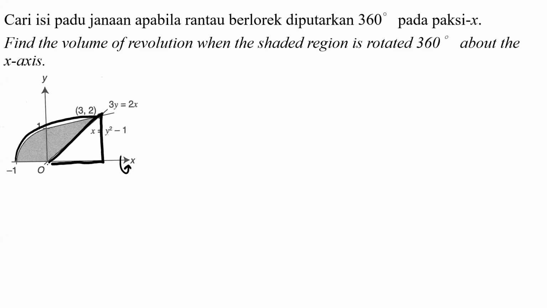But they are not sharing the same boundary, so you have to split them. So the volume will be pi. Take the upper one, towards the x-axis. Now the upper one is this one.